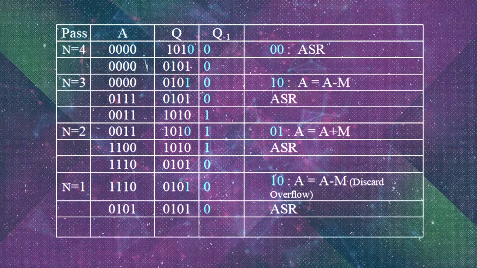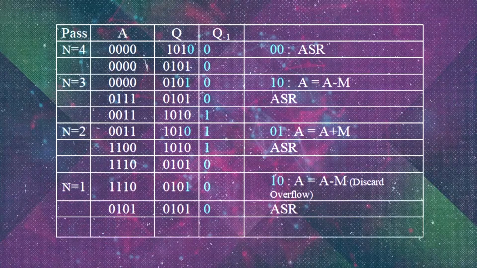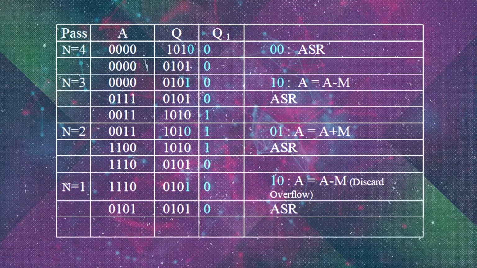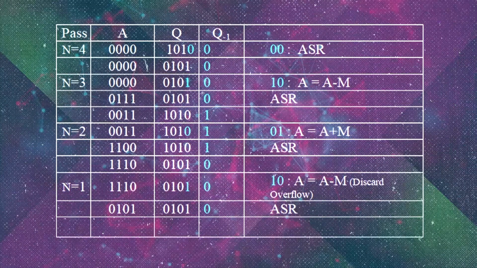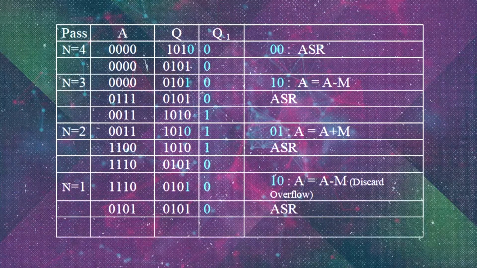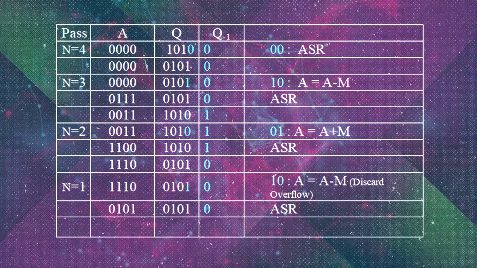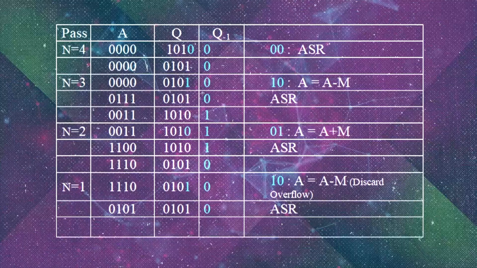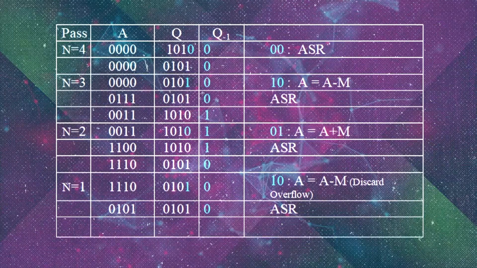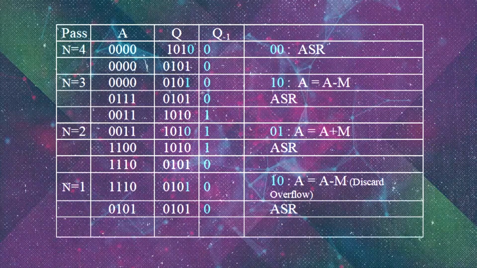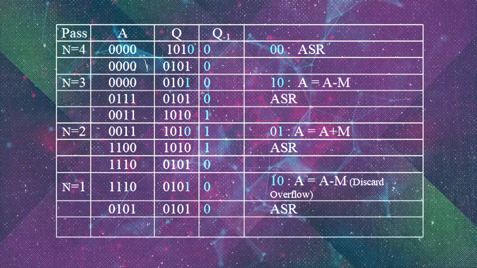So, we proceed. Check Q naught Q minus 1, it is 1 0. So, we have to calculate again A equal to A minus M, then ASR. A equal to 1 1 1 0, minus M is 0 1 1 1, and A equal to A minus M is calculated as A equal to A plus minus M, that is 1 1 1 0 plus 0 1 1 1 which is equal to 0 1 0 1 after discarding the overflow bit.